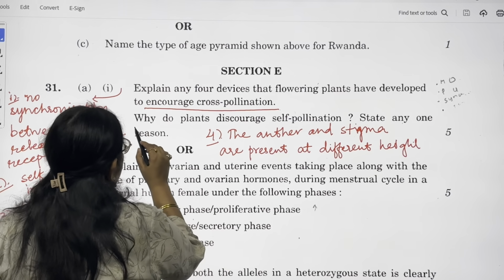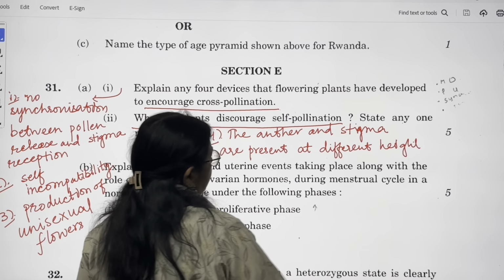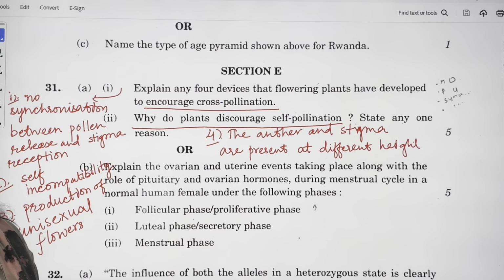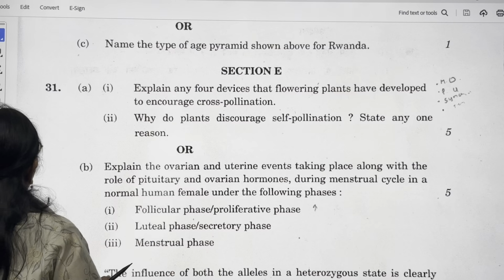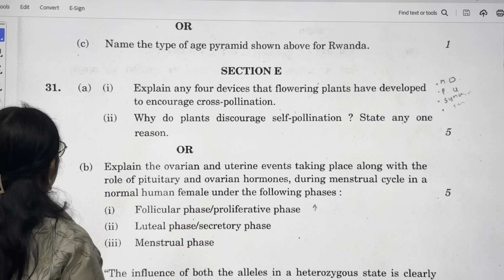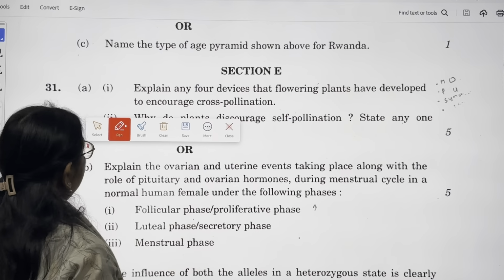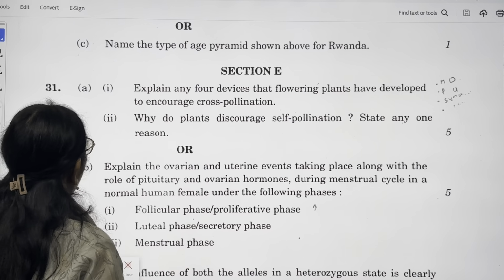Why do plants discourage self-pollination? Simple, to prevent inbreeding depression. So, to prevent inbreeding depression, the plants discourage self-pollination. State any one reason.